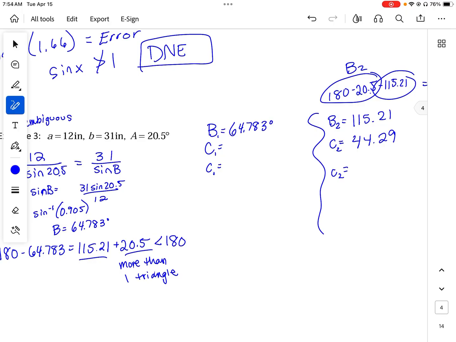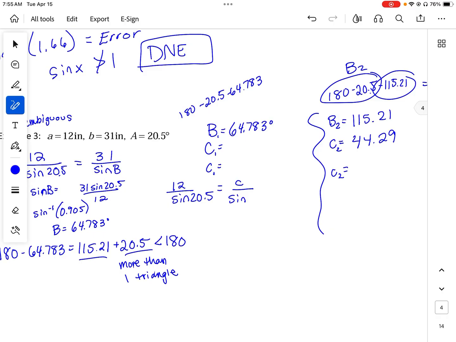Okay, so let's go back over to C to find what C is. And we are going to do the A over sine A equals C over sine C. Well, C is going to be found by doing 180 minus the 20.5 minus 64.783.